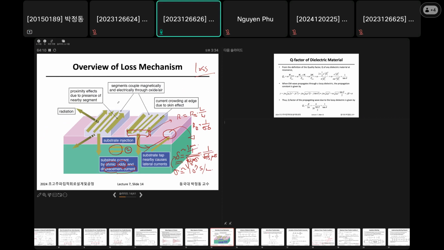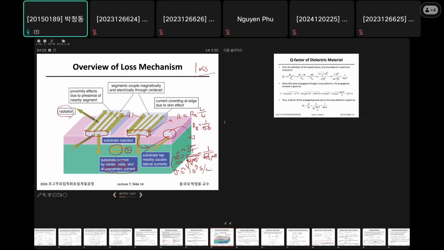Good. So it also has magnetic and electrical coupling. And also there exists radiation because of the change of velocity.